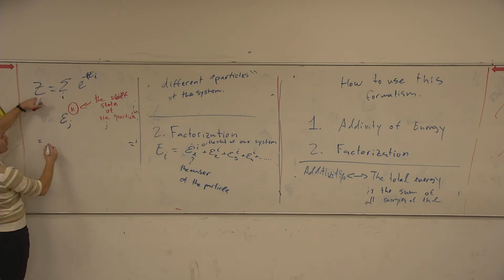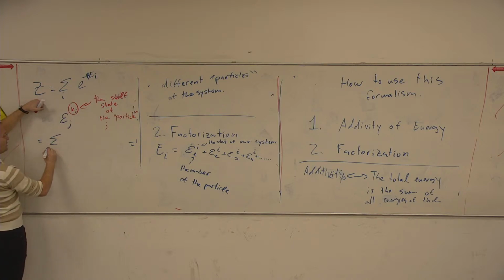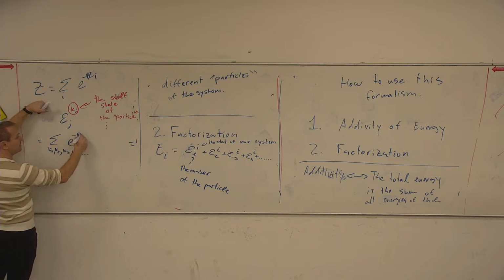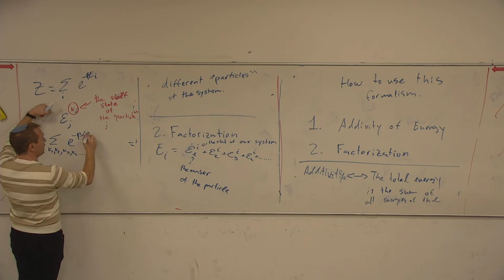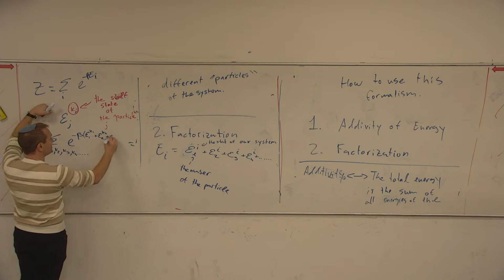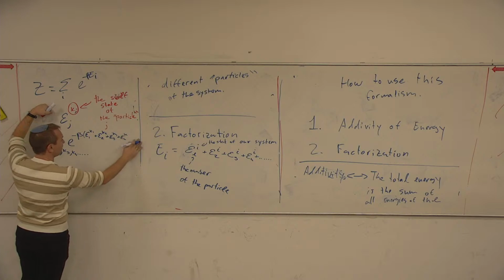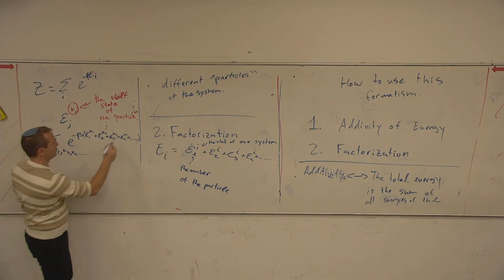I need to run over all Kj, K1 and K2 and K3 and K4, etc., of e to the power minus beta, and here I have epsilon 1 K1 plus epsilon 2 K2 plus epsilon 3 K3 plus epsilon 4 K4 plus etc. All the cases equal to I.